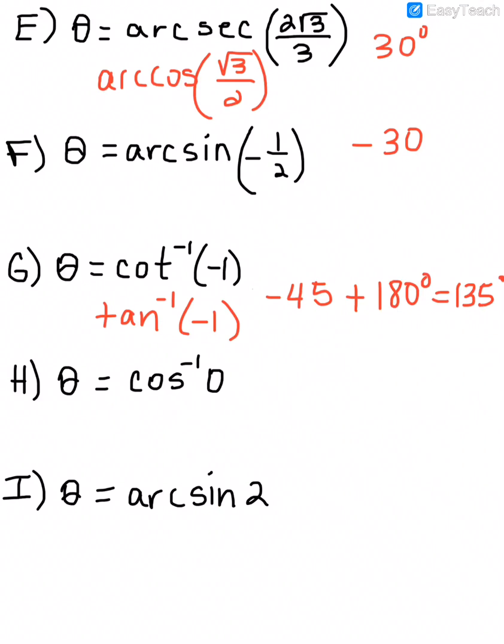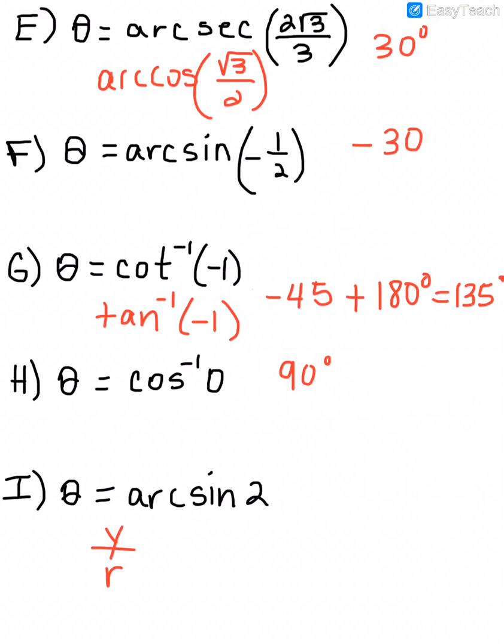For h, the angle whose cosine is 0 would be 90 degrees. The angle whose sine is 2. Okay, so if we think back to our unit circle, remember that sine is y over r.